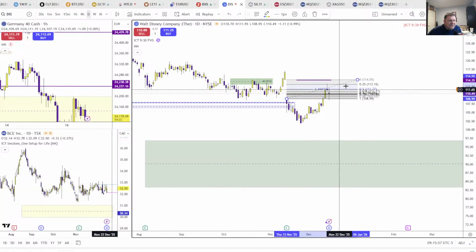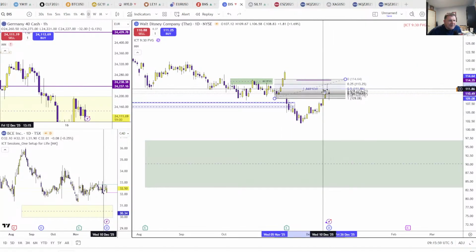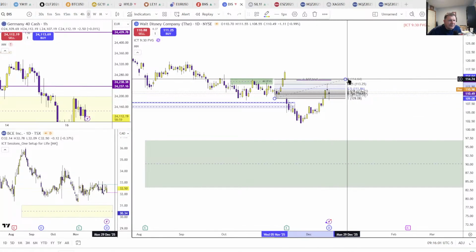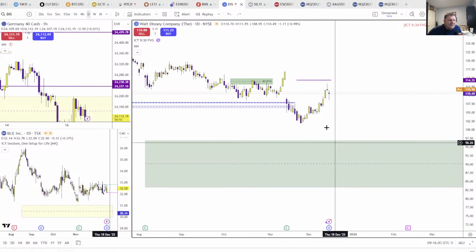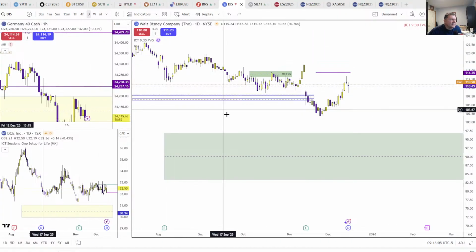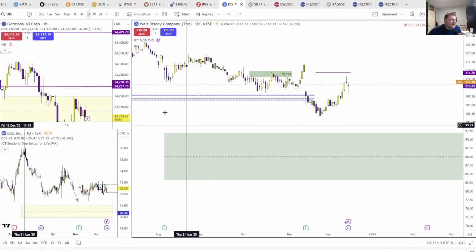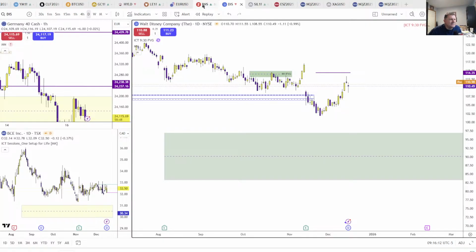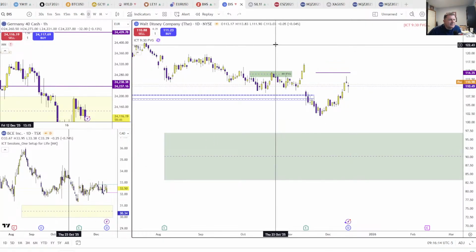And so far, we're body stuck on 50%, and now we're rolling over to go lower. So let's see if Disney can get back down, get some market structure shift here. I want to see it get back down this range, then I'll end up picking some of that up next year. That might be worth a buy next year.